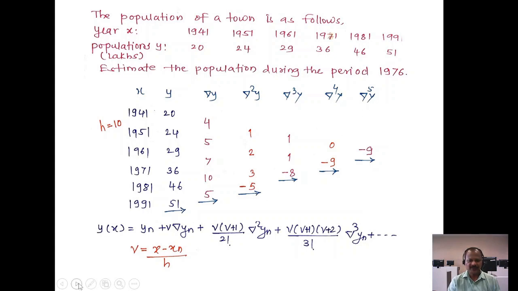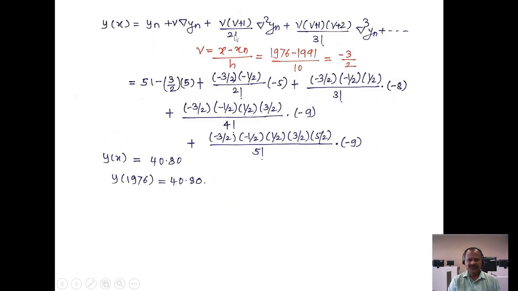Now you can see the formula. We have to write it up to delta raised to 5 yn. What is the value of yn? yn is 51 plus v into delta yn plus v into v plus 1 divided by 2 factorial into delta square yn, plus v into v plus 1 into v plus 2 upon 3 factorial into delta cube yn.